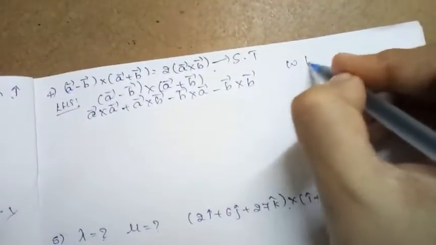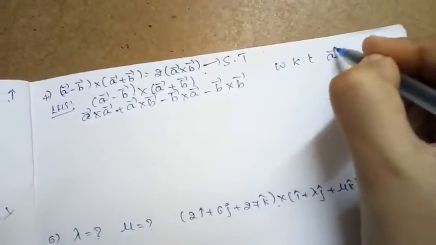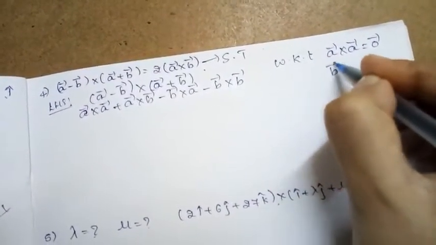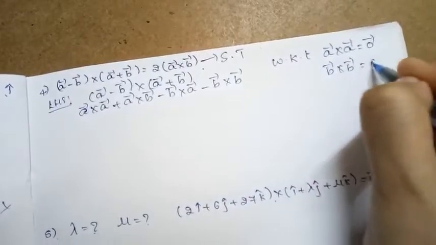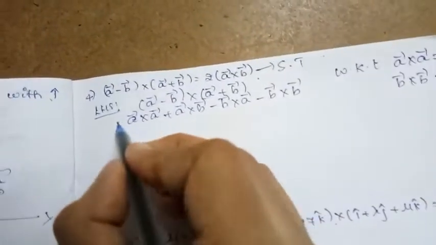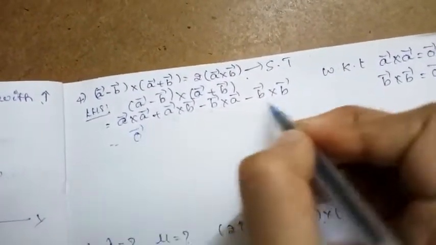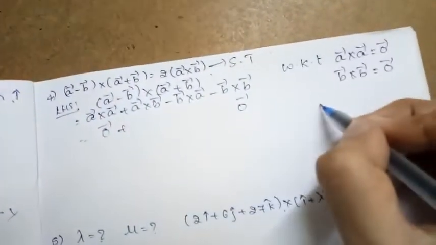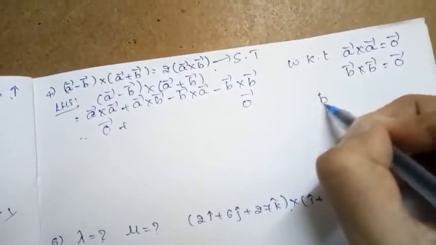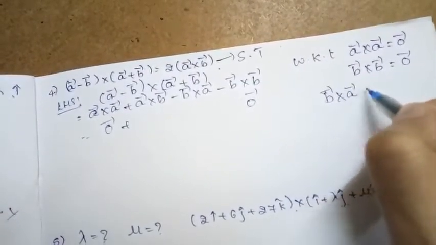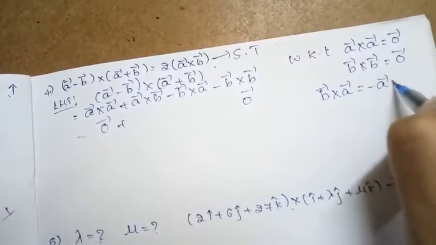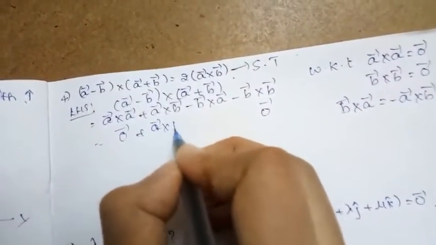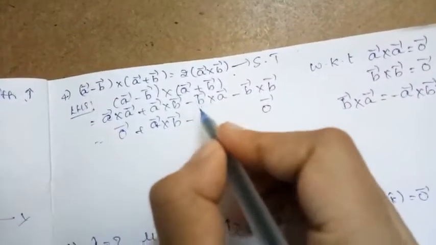So we already know that vector A cross vector A is equal to 0 vector. Similarly, vector B cross vector B is equal to 0 vector. So clearly this becomes our 0 vector. So what is remaining? These two are remaining. And we also know that vector B cross vector A is equal to negative of vector A cross vector B. So vector A cross vector B I will retain as it is, minus as it is.